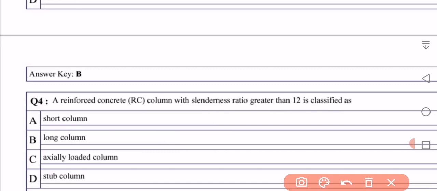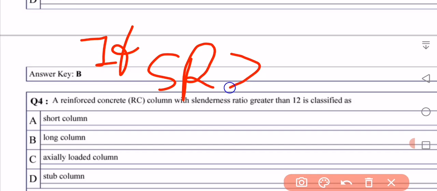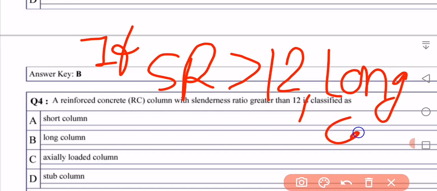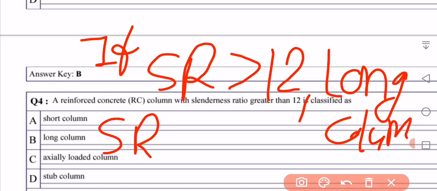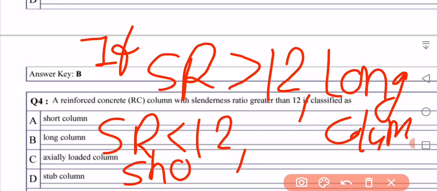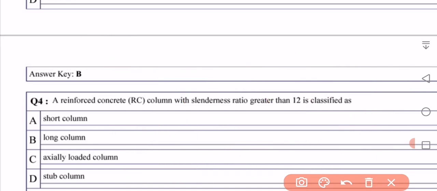Then we know that if the slenderness ratio is greater than 12, then the column is a long column. And if the ratio is less than 12, then the column is a short column. Then our answer is B, long column. Okay. Next question.